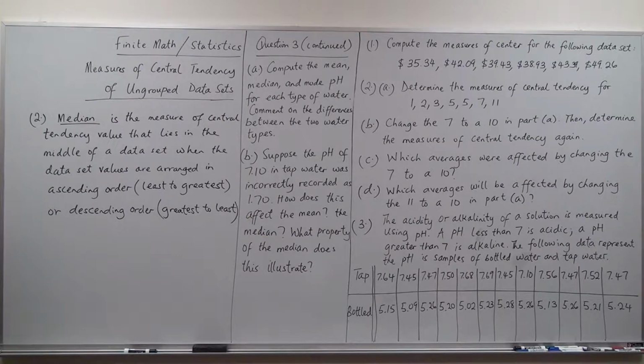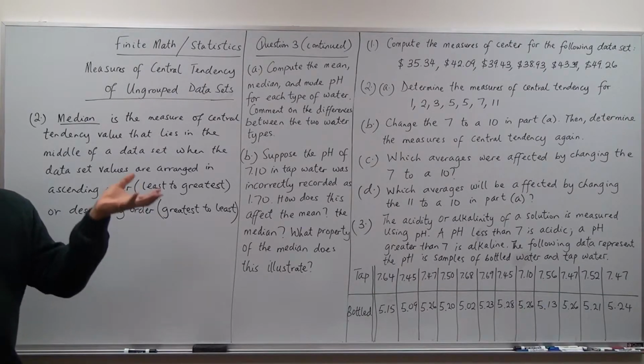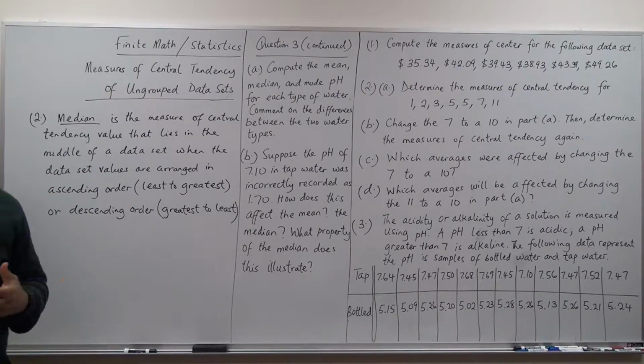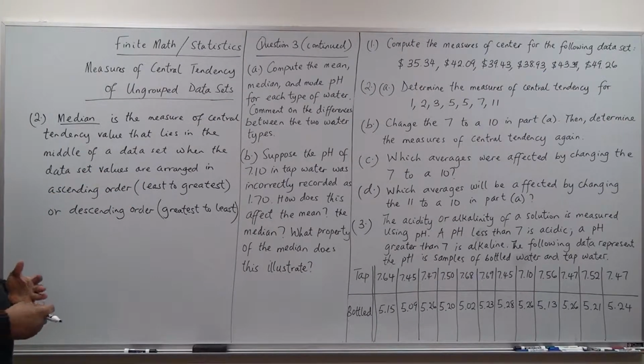To find the median, we have to arrange the data set in either ascending order, from least to greatest, or descending order, from greatest to least. And when we do that, we find the middle value.